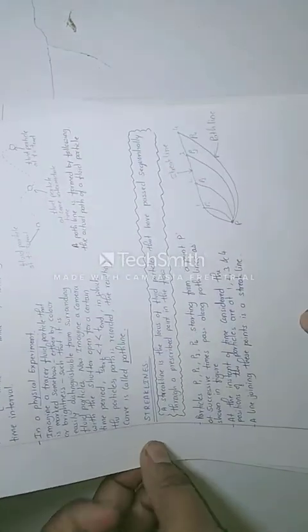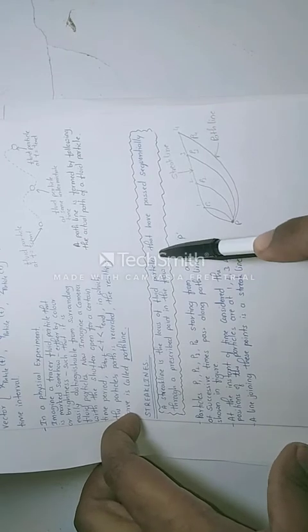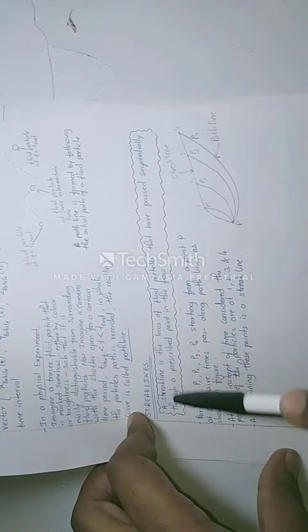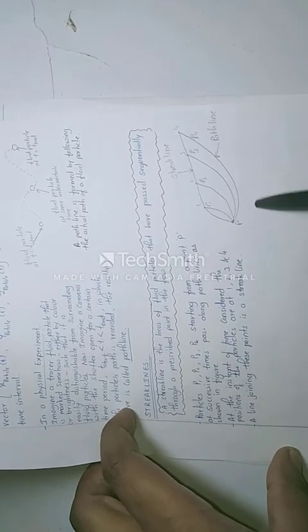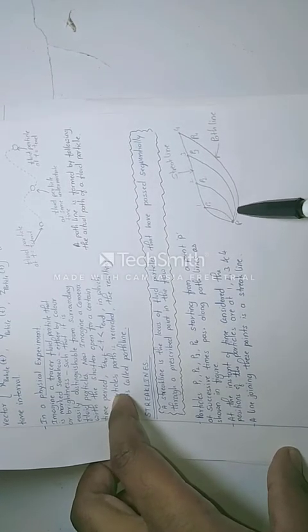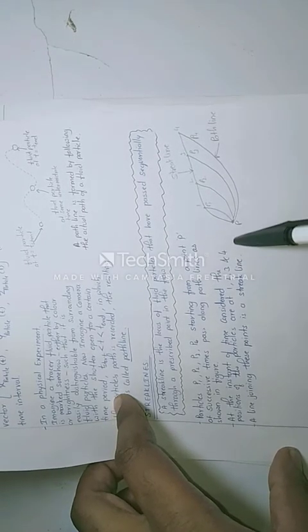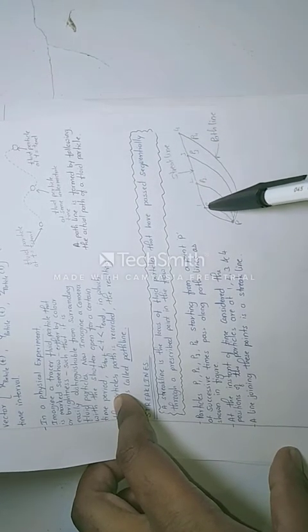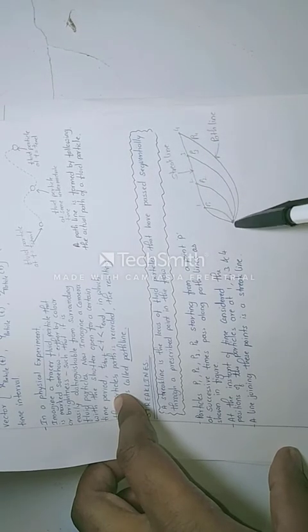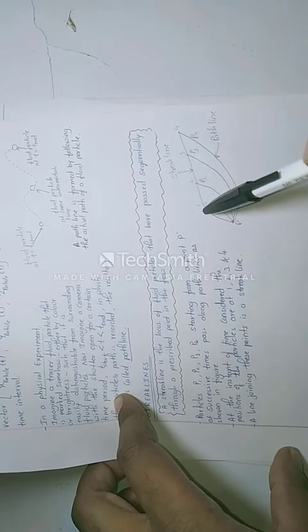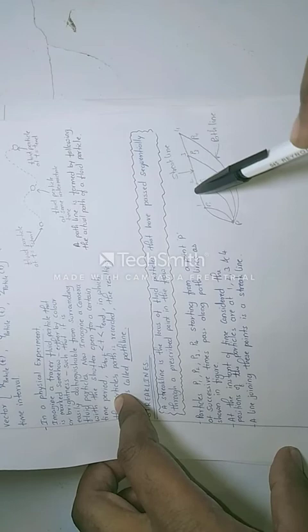And a streak line is the locus of fluid particles that have passed sequentially through a prescribed point in the flow. For example, if I take a point P, and 4 fluid particles have passed through this point P, the locus of all these 4 particles we call a streak line.